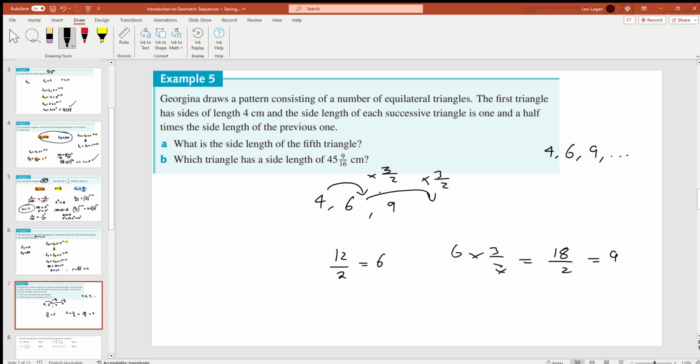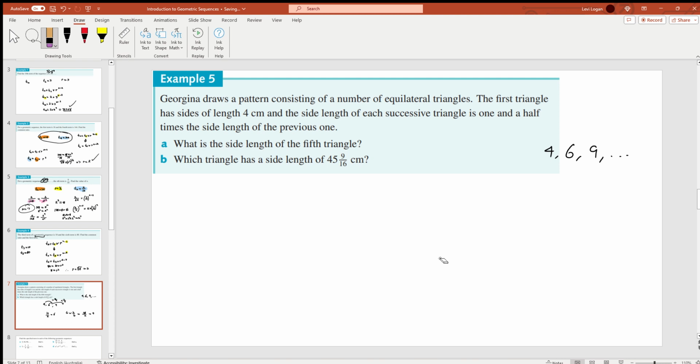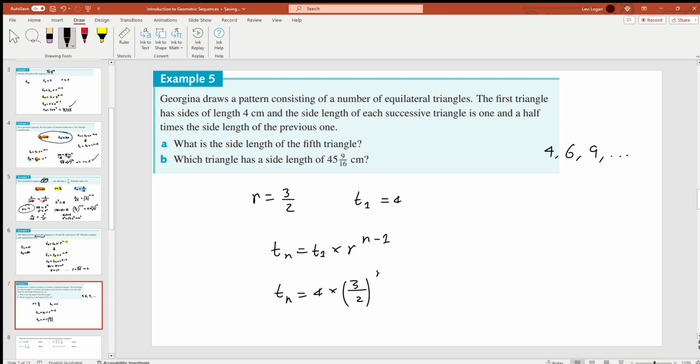What is the side length of the fifth triangle? We've worked out what our R is, and we've got the first term. So we know our R is 3 on 2, and our first term is 4. We have T of n equals T of 1 times R to the power of n minus 1. So T of n is 4 times 3 on 2 to the power of n minus 1.